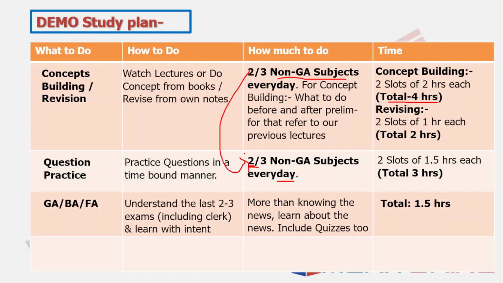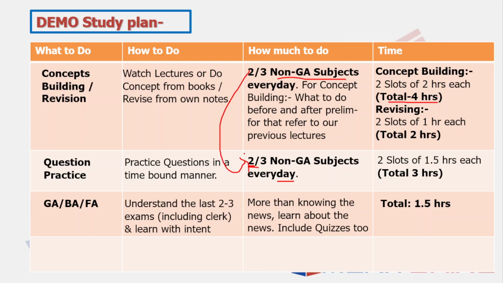Now, how would you start? If you have been doing GA regularly for the last 6 months, then you would just be progressing further with whatever you have been doing, keeping in mind the context of the changed exam. If you have started from today, then how would you be doing? That we have discussed in those lectures.